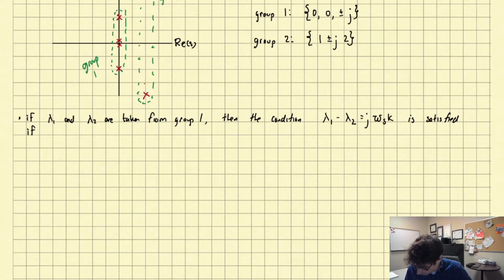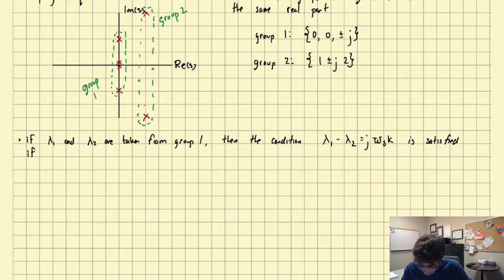Well, let's look at the picture here. This distance here is 1. So if k times omega s equals 1, then this one and this one will capture that difference.